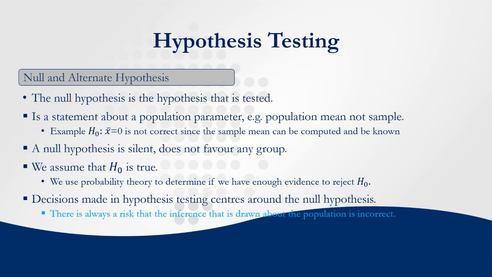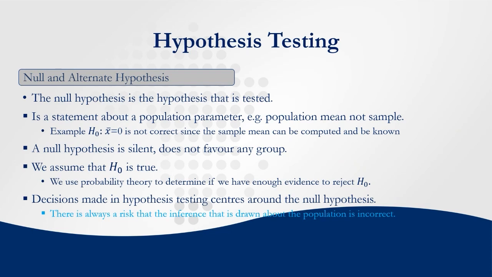In terms of the symbols, it's about the population parameters. So it must say mu if you are talking about the mean. It doesn't favor any group, as I've said, it's silent. So you must look for the no there.